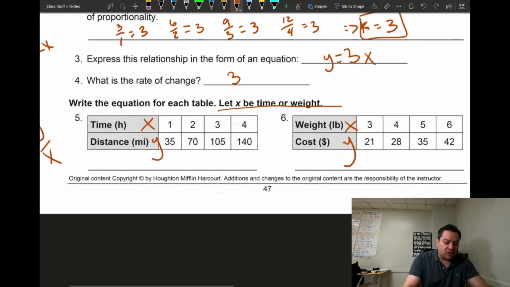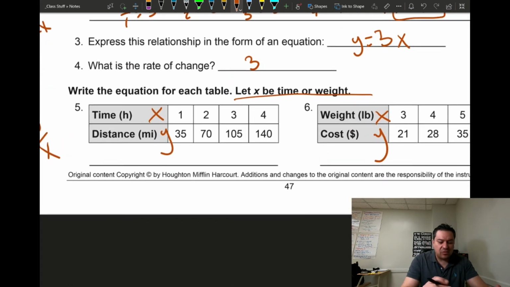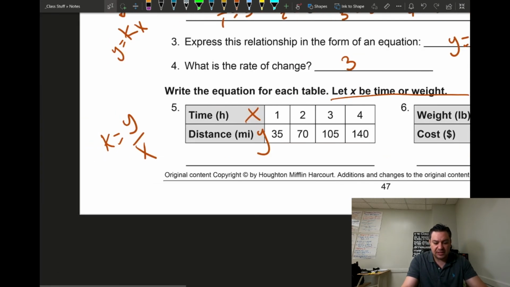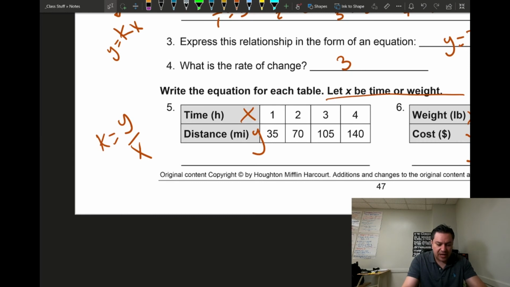Now, instead of writing the fractions, you can do 35 divided by 1, how much is that? 70 divided by 2, how much is that? 105 divided by 3, so forth, so on. Whatever that value is, that's going to be your k. That's the actual weight, y divided by x. 35 divided by 1, or 70 divided by 2, so forth, so on.